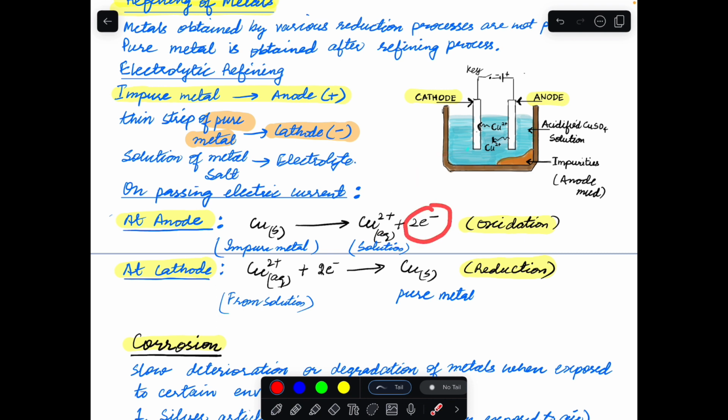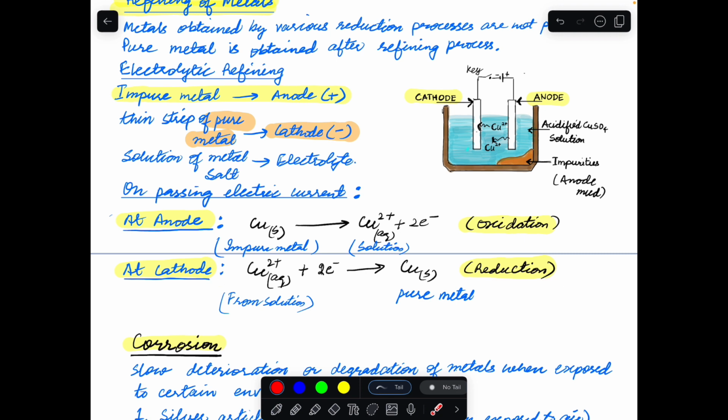They will be collected on the anode. From the solution, the copper ions will take electrons from the cathode, which is the negative electrode, to form pure metal at the cathode. So your cathode will become thicker and thicker by the deposition of metal. So reduction will take place at the cathode.